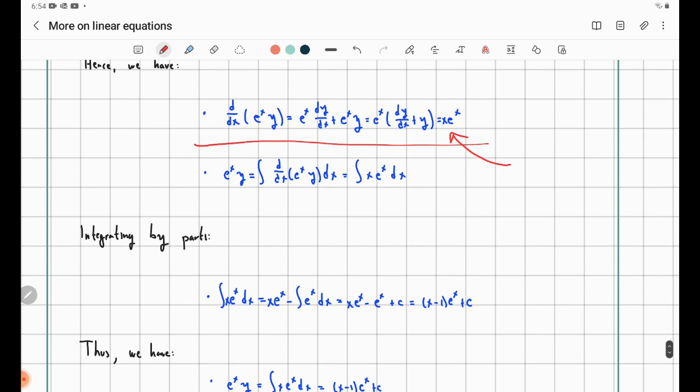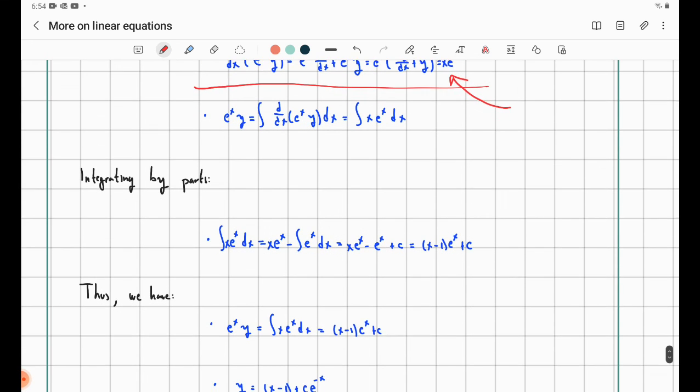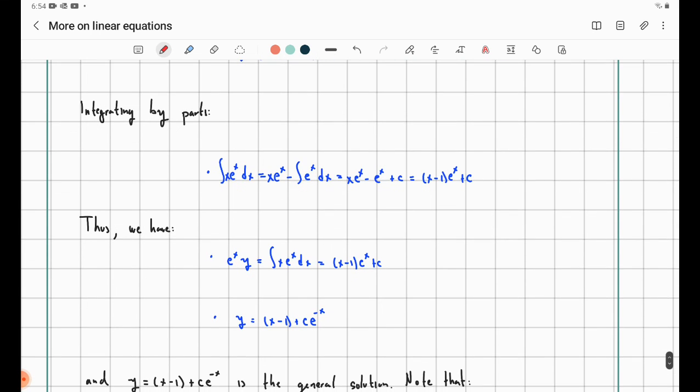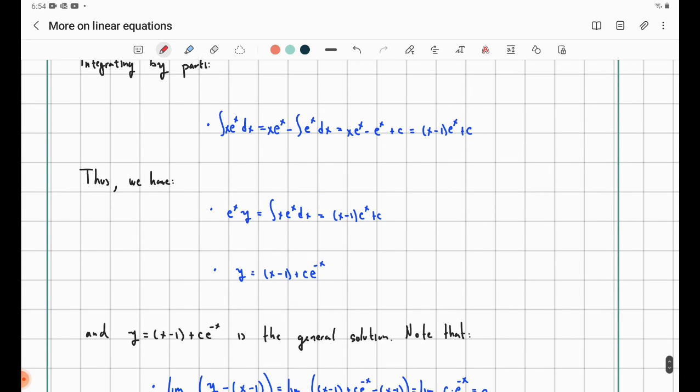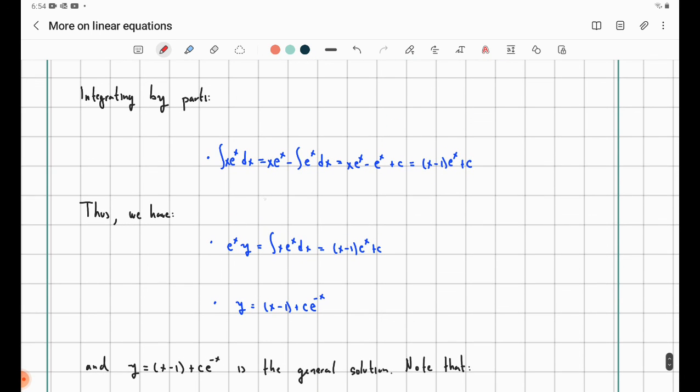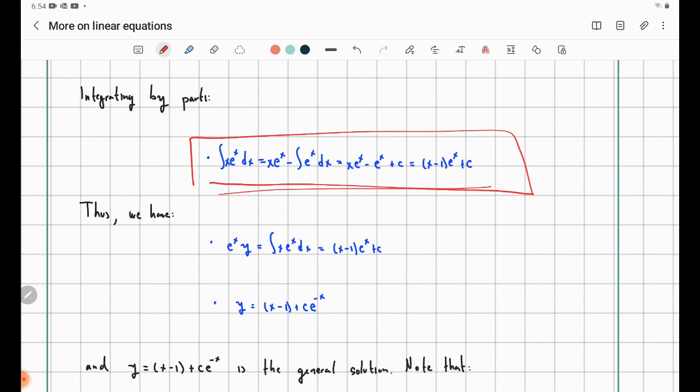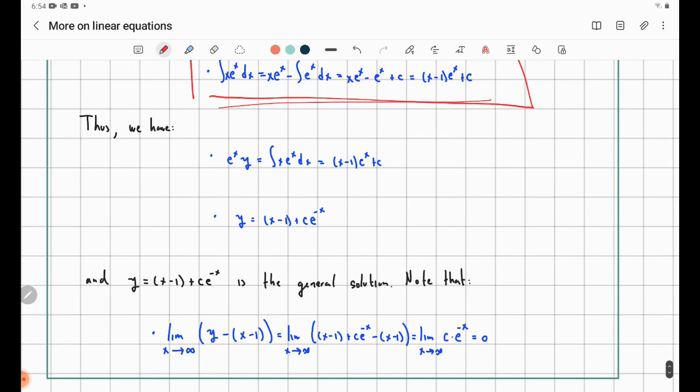Here we can integrate both sides of this equation and solve explicitly. For this example, we also need to use integration by parts 2 times, and if you do that, you find that the general solution is like this.